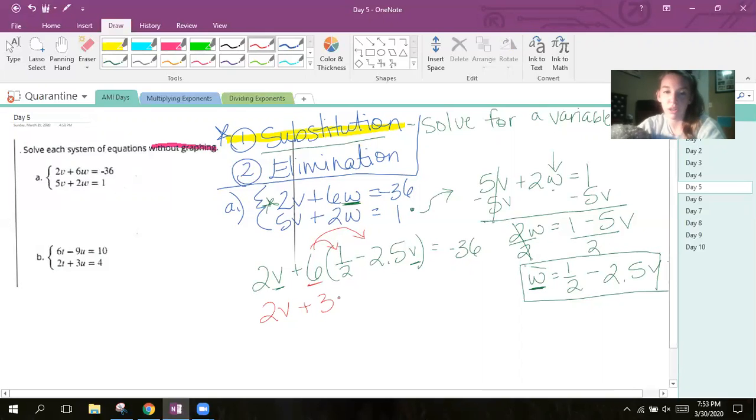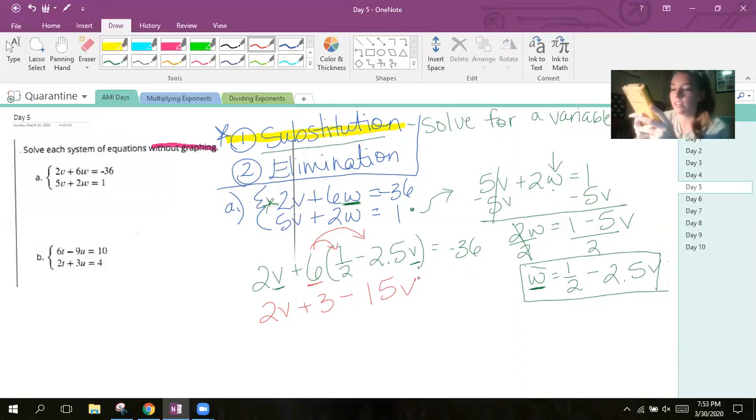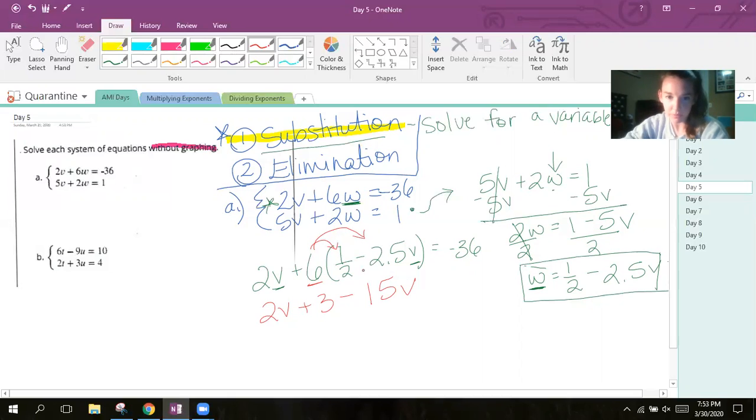So 12 plus 3 would give me a negative 15v. Okay, I'm going to double check that in my calculator because I haven't done math a lot during this quarantine. All right, it's 15. Okay, and all of that equals negative 36.